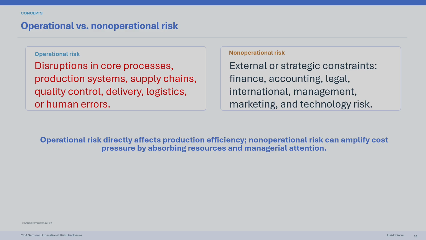So the paper separates into core risk versus non-operational risk, including all management type of risk. So operational risk directly affects production efficiency, and non-operational risk can amplify cost pressure by absorbing resources and managerial attention. So this is a very relative measurement.